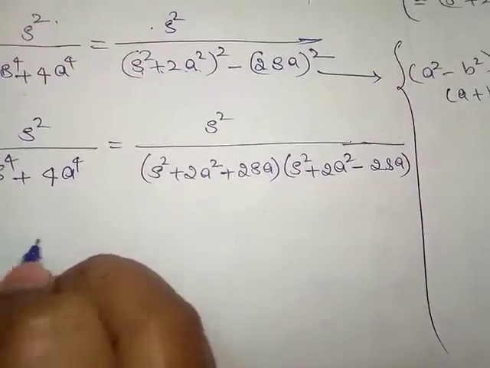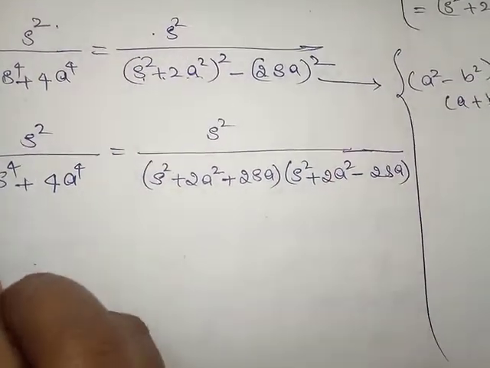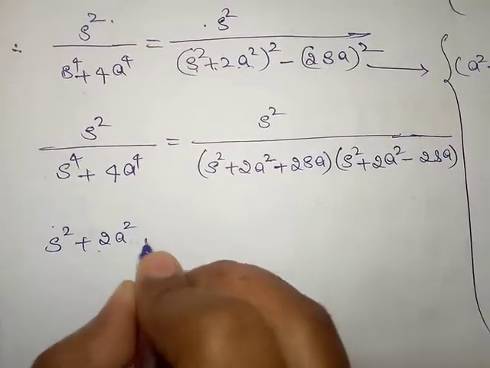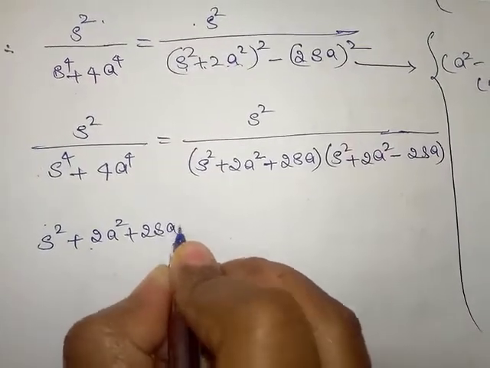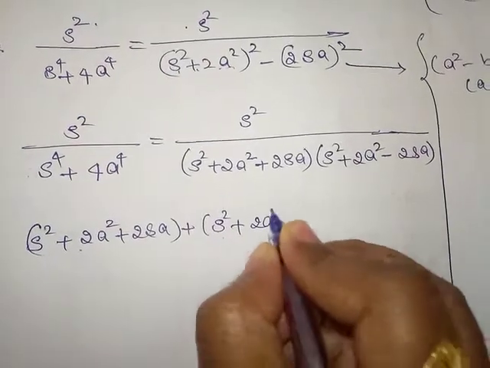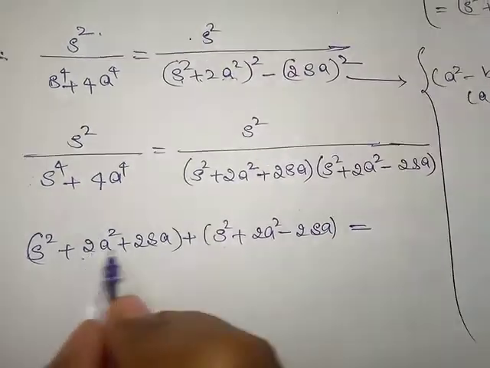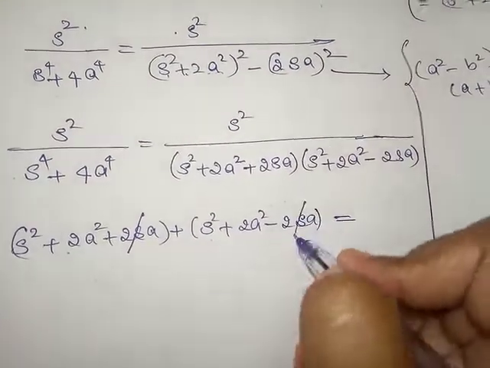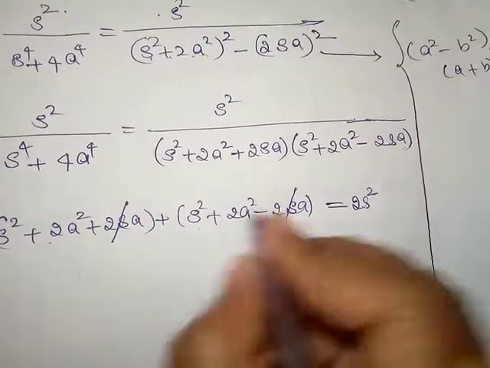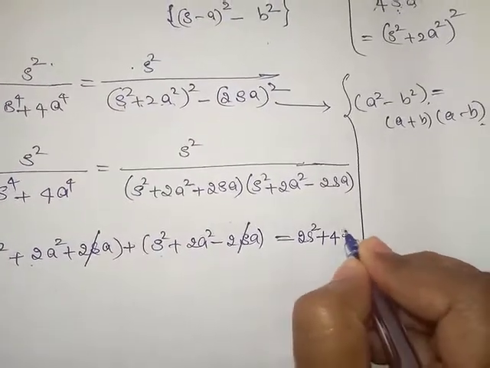So for that, consider, first I will add these two terms: s square plus 2a square plus 2sa, plus s square plus 2a square minus 2sa, is equal to this plus; 2as minus 2as get cancelled, remaining is 2s square plus 4a square.